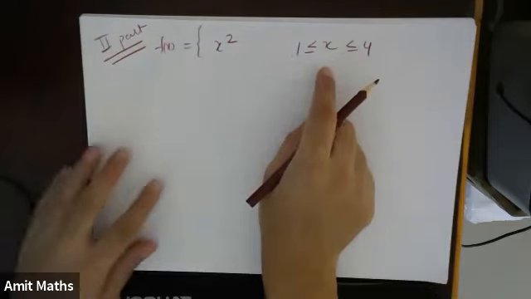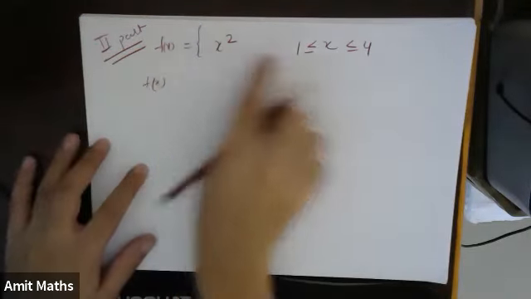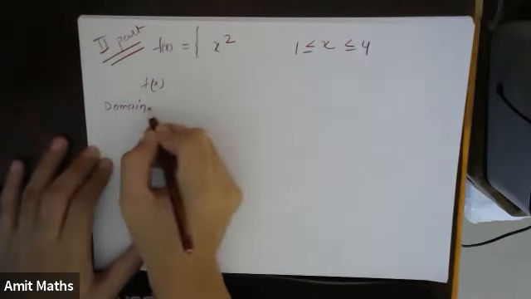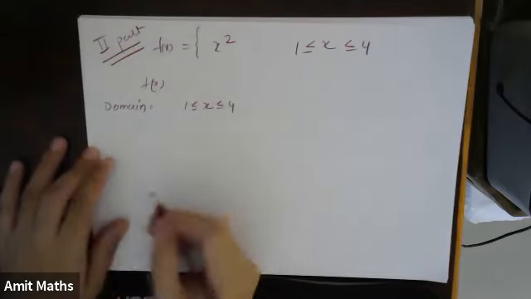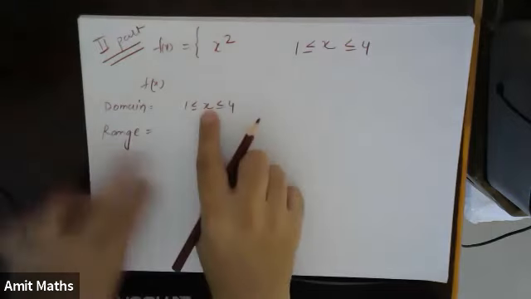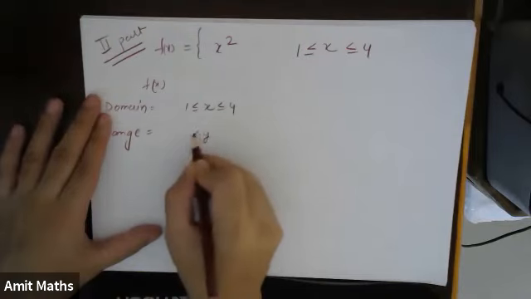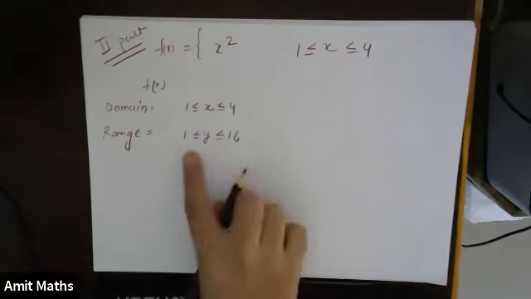So the domain of this function f of x for the second part is x greater than or equal to 1 and less than or equal to 4. Okay, so what will be the range? The range will become simply y from 1 to 60.